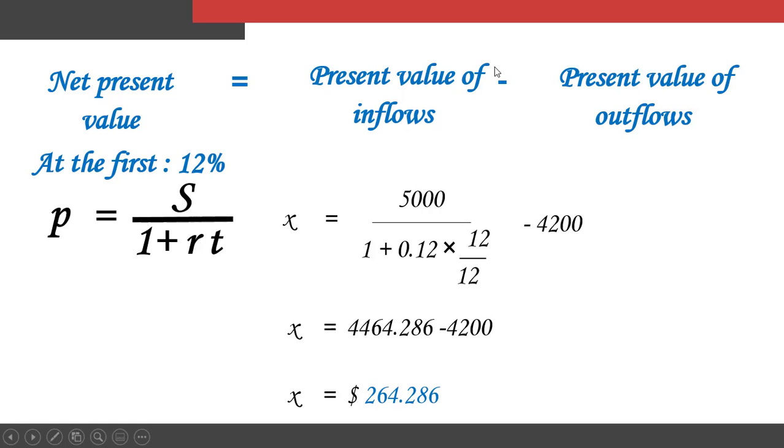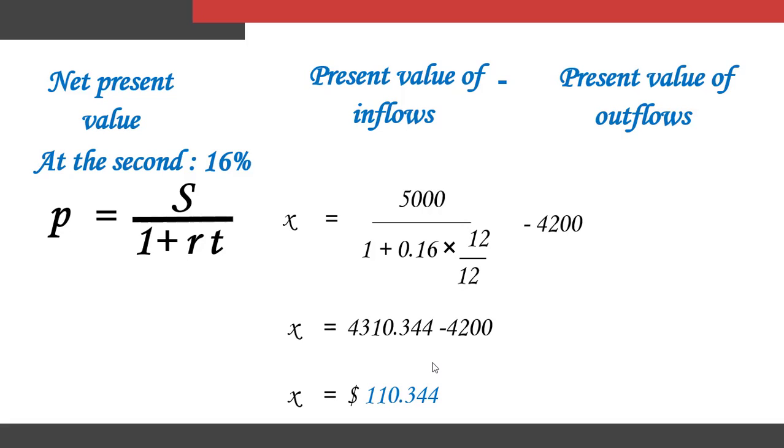So the present value of inflows must be equal to 4,464, minus the present value of outflows, which is equal to $4,200. So X will be equal to $264.286. This is the net present value with 12%.